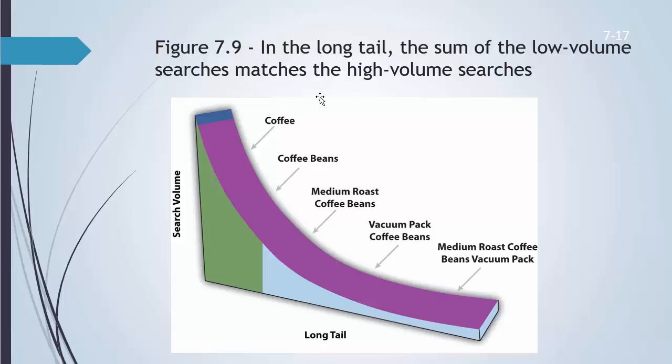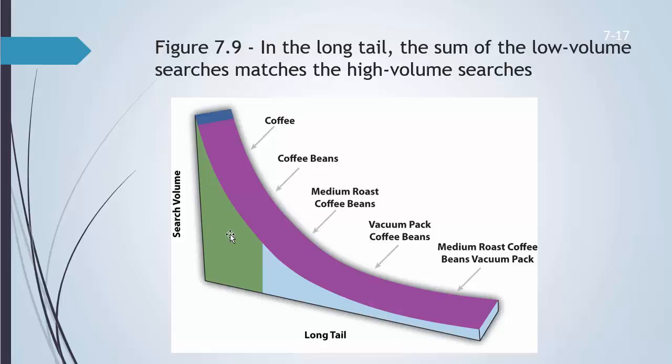This area here would be the small number of high volume searches. And on this other side, this is a large number of low volume searches. So you can think about, if you come up with these kinds of search terms, you could actually match the same kind of volume as you're getting over here.